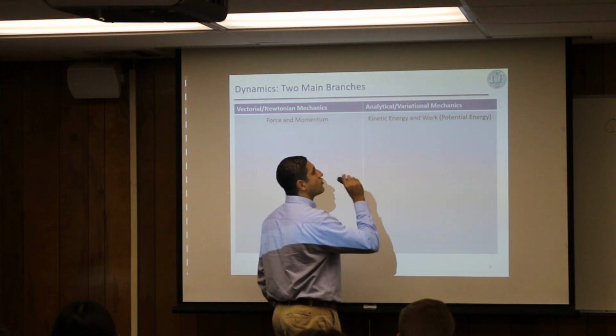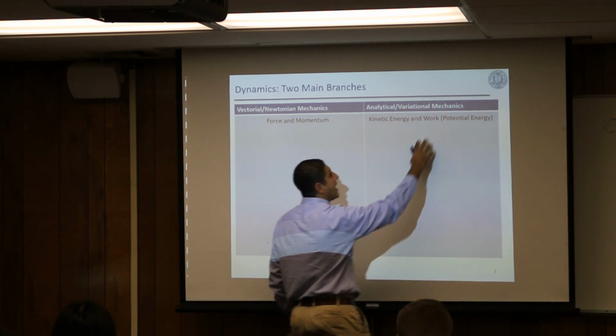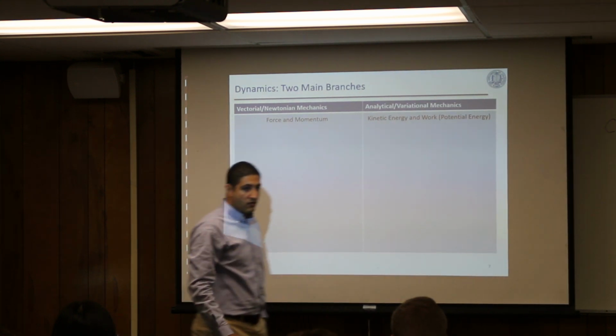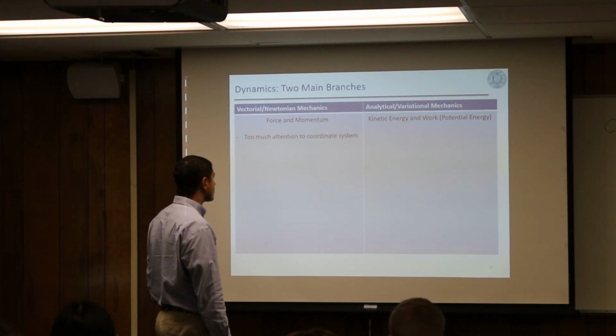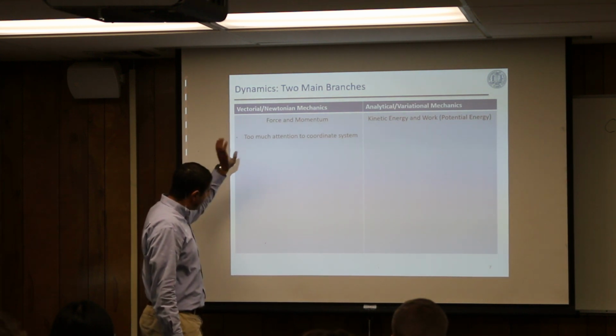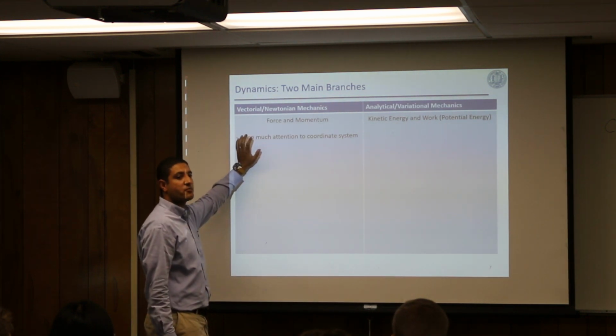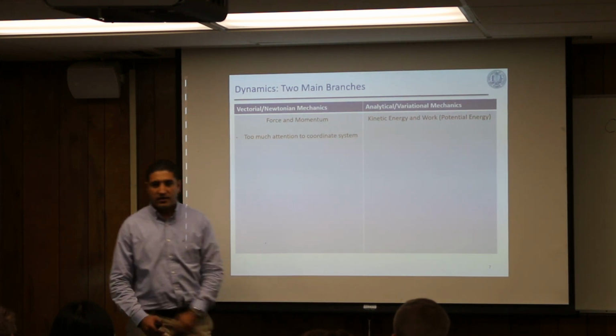Over there, the basic quantities that we're going to be dealing with are the kinetic energy and work. And both are scalar quantities. Like I said, if you're dealing with vectors, then you have to pay too much attention, as we're going to see in problems, too much attention to the coordinate system. Why?